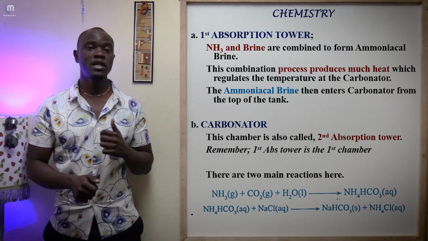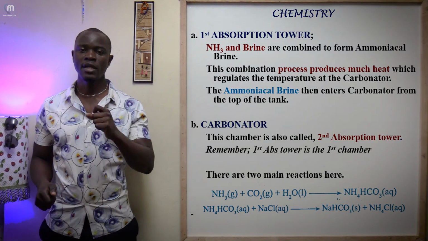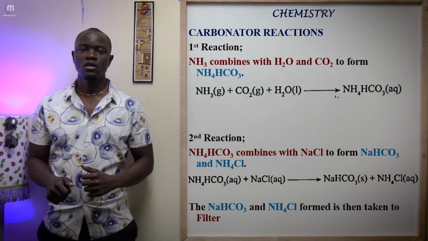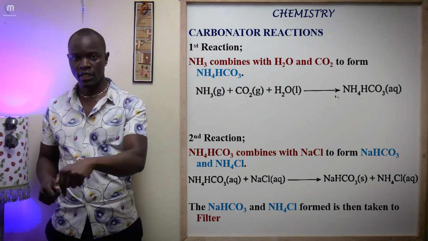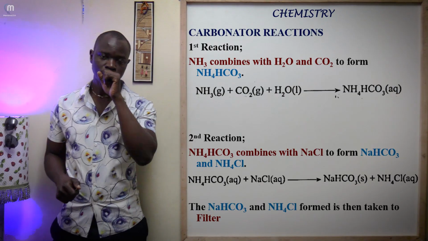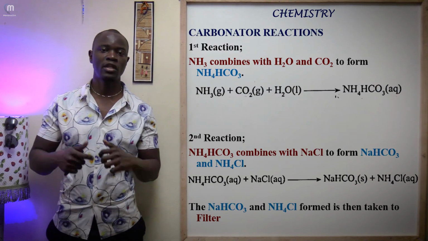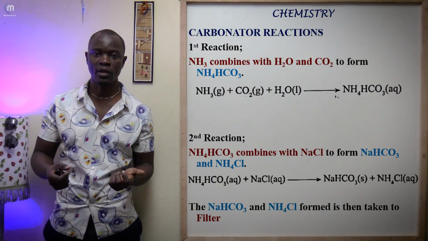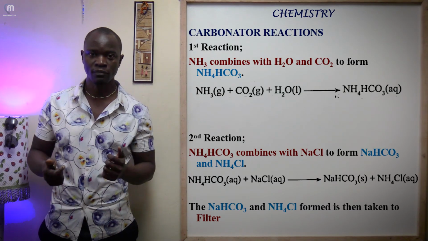In this carbonator, we have two main reactions that take place. Let's begin with the first reaction. Remember, it is ammonical brine which enters the carbonator. The first reaction to take place here: ammonia gas reacts with carbon dioxide and water molecules to form ammonium hydrogen carbonate.